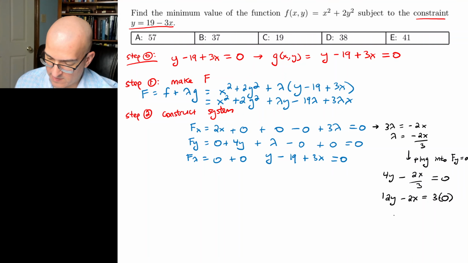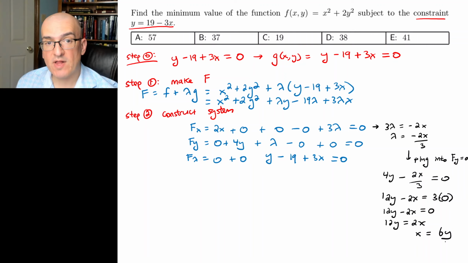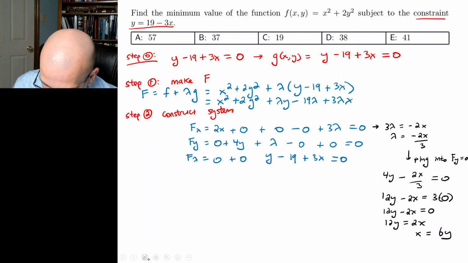So we're going to have 12y minus 2x is equal to 0. Then I'm going to isolate for x. I'm going to add 2x to both sides, divide both sides by 2, and I get x is equal to 6y. What we do with that is we plug that into the third equation.